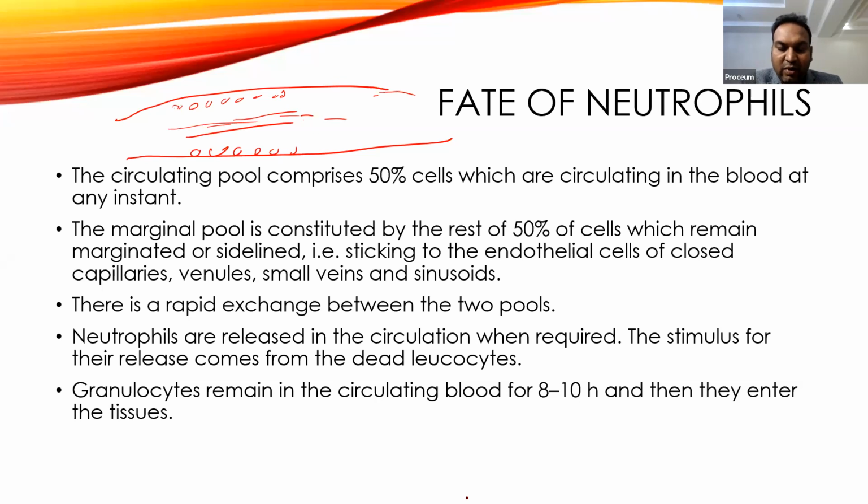If you see the lifespan of these neutrophils, they remain in the circulation for 8 to 10 hours, and then they will enter into the tissue. If they don't enter, then they will go to the spleen, and there they will be destroyed. Once they enter the tissue, they perform their phagocytic action, and then again they will die there.